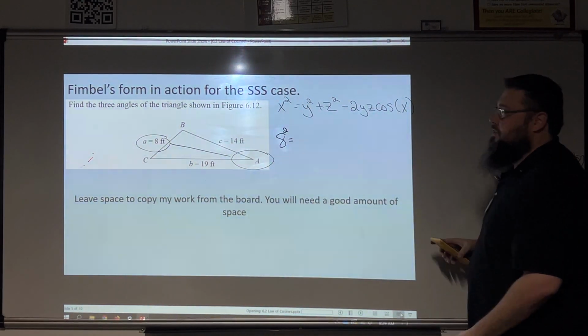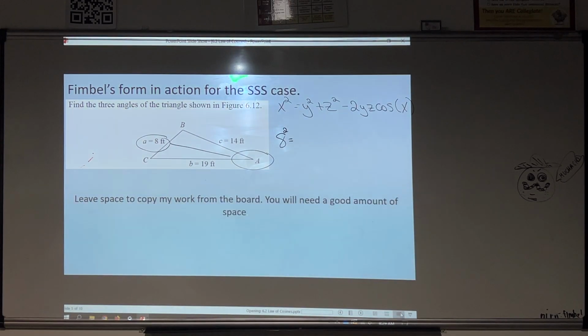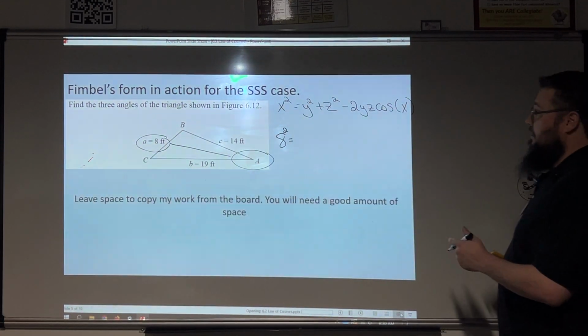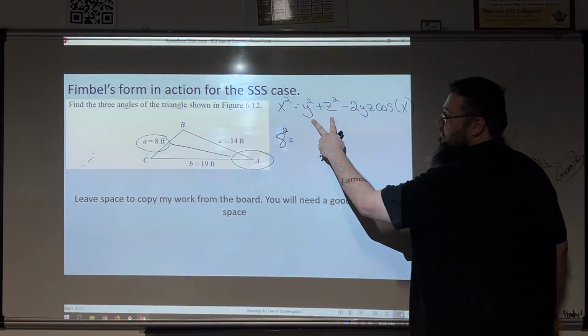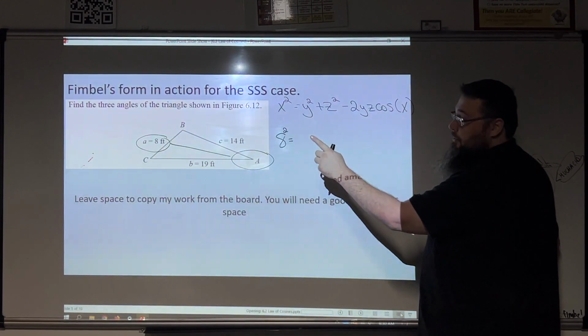Scott, pick somebody to answer my next question. I promise it's not a hard one, but you can pick anybody you want. Brandon, which one's y and which one's z here? How do I know which one to pick for y and which one to pick for z? We know it's either 14 or 19. A is the one where we know already.